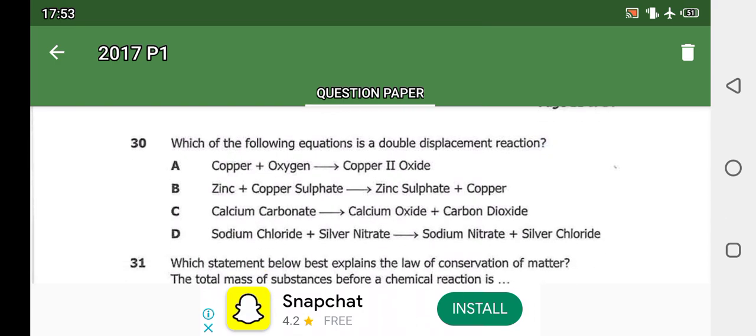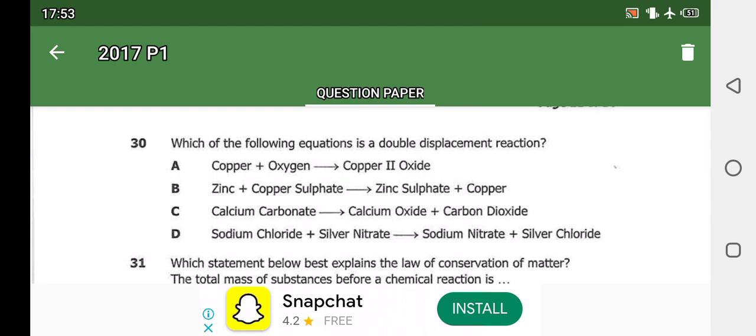Question 30. Which of the following equations is double displacement? Double displacement is the kind of reaction where there is exchange of cations and anions between two compounds. So A, which reaction is this? That is synthesis, building up.